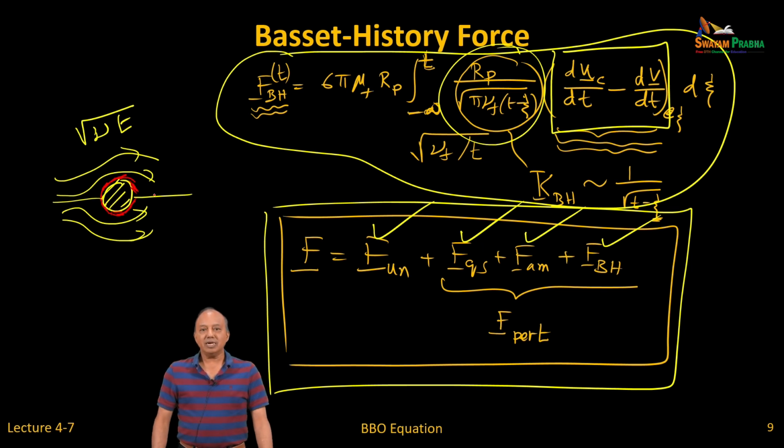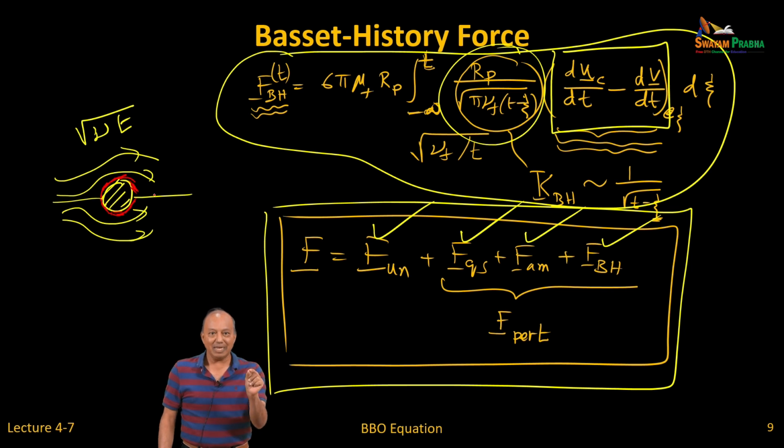Now suddenly you double the flow. The boundary layer has to become thicker. It doesn't happen instantly. It just takes a time to grow. During that time, the force on the particle keeps changing slowly, and that's this term.